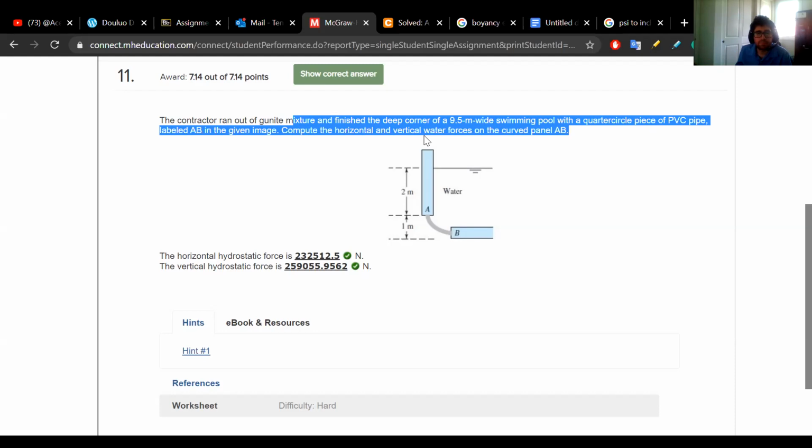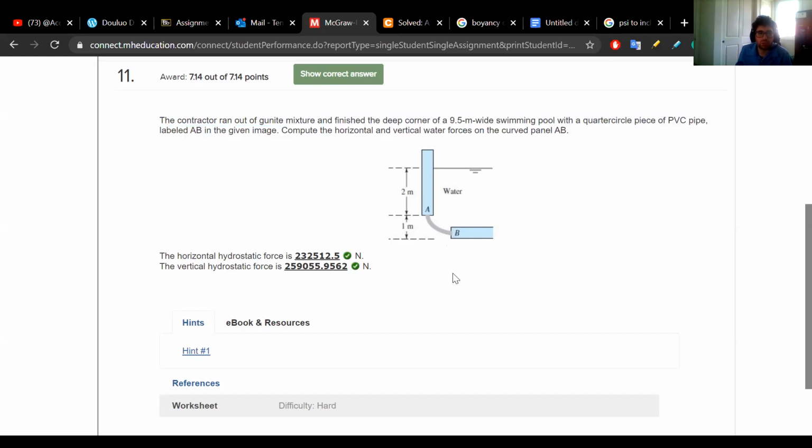You have a quarter circle piece of a PVC pipe. Compute the horizontal and vertical water forces on the curved panel. Oh, okay.